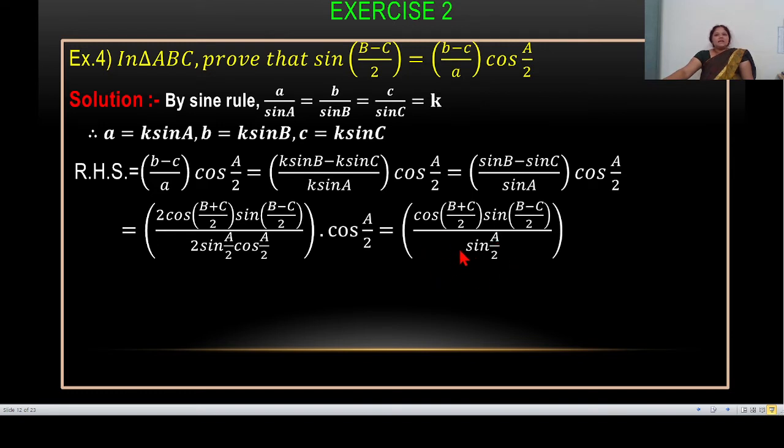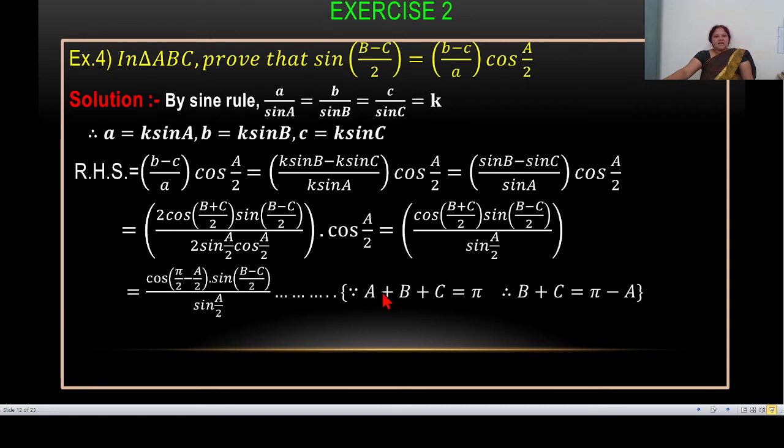We know that angle A plus angle B plus angle C equal to pi, and therefore B plus C equal to pi minus A, and (B plus C) upon 2 equal to pi upon 2 minus A upon 2. So cos (pi upon 2 minus A upon 2) into sin ((B minus C) upon 2) divided by sin (A upon 2).